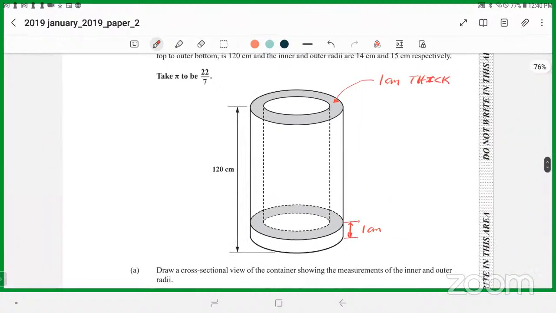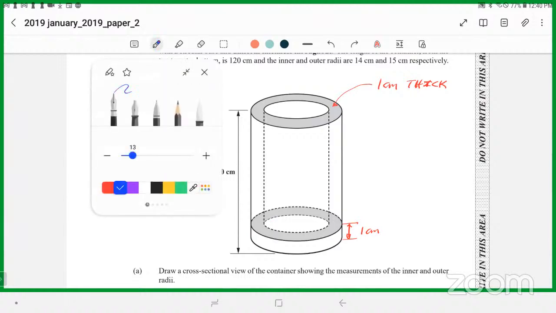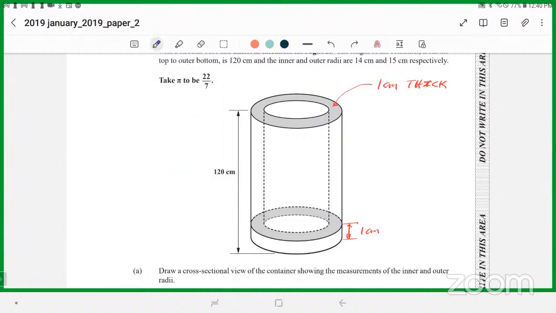So if the overall height is 120, and the base is 1 centimeter thick, it means that the inner length, from top to bottom internally, is 119 centimeters. Can I say that?